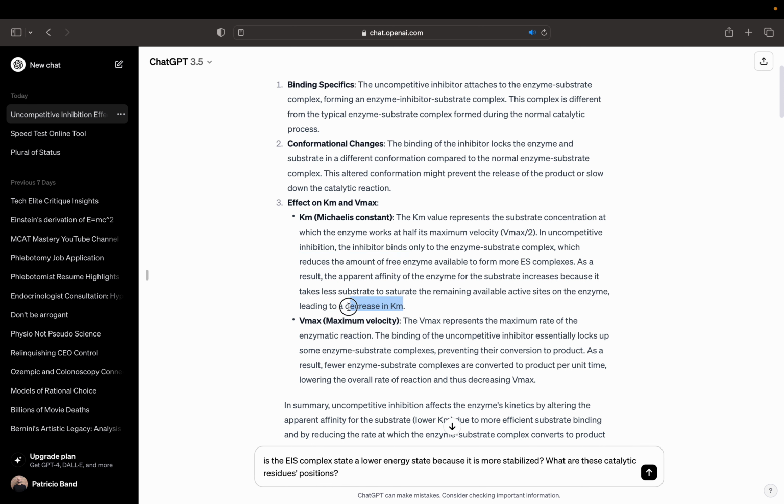So a decrease in Km means that there's higher affinity. How does the enzyme have higher affinity to the substrate? Because it takes less substrate to saturate the remaining available active sites on the enzyme.